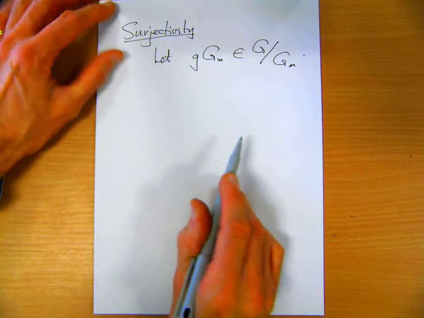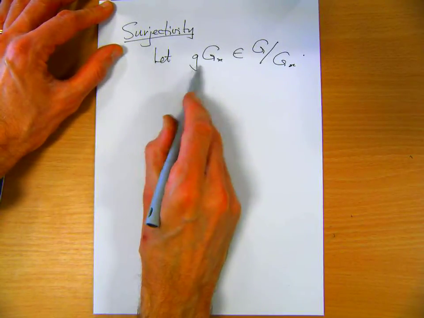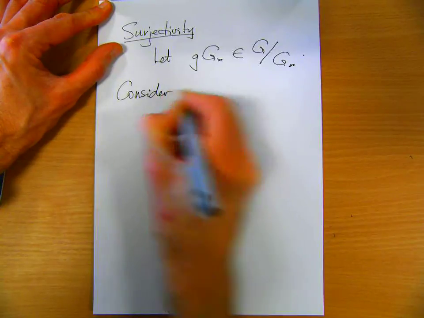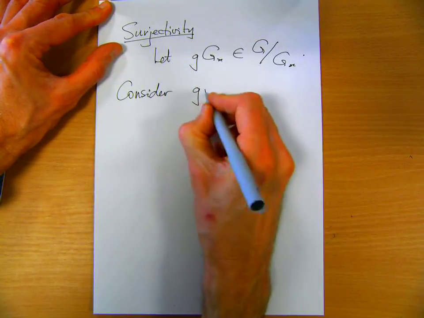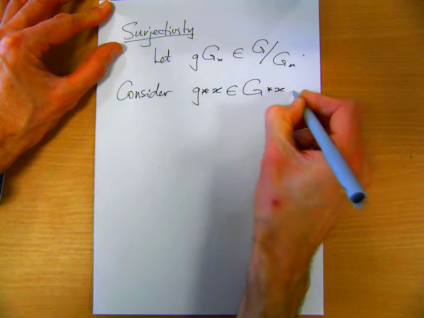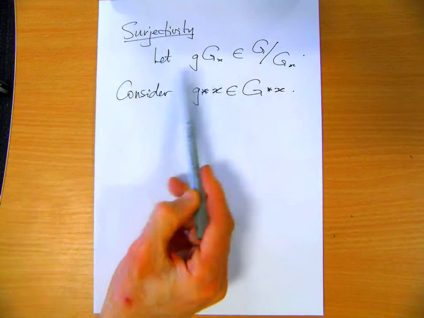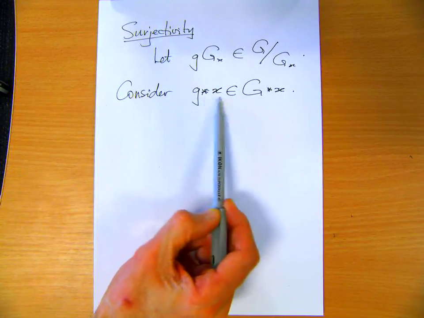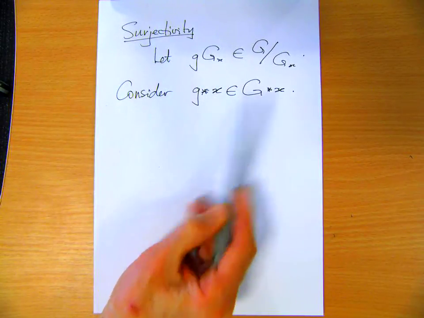Well, which element are we going to pick in the orbit? The one that involves little g. So given the left coset, we have a little g floating around here, and we use that to construct an element in the orbit.